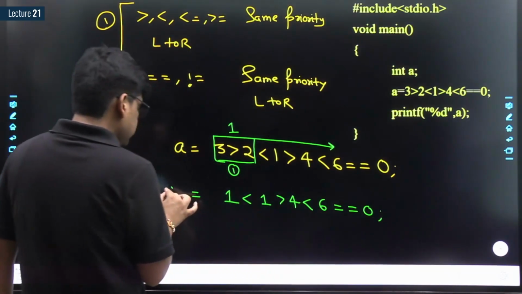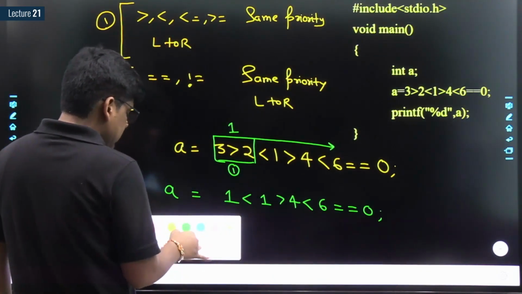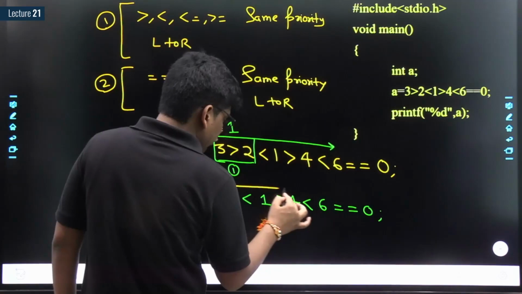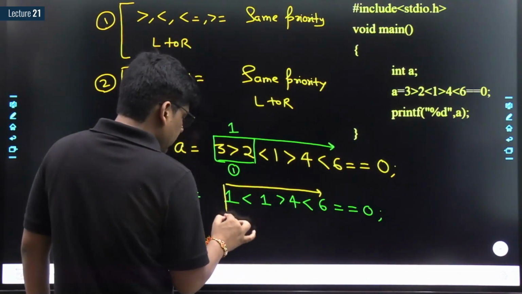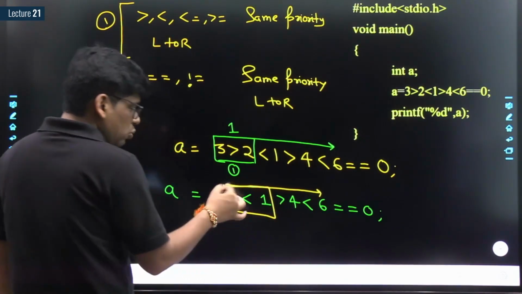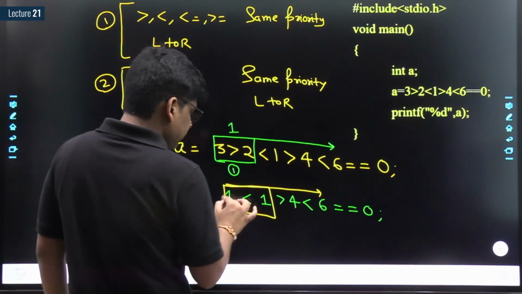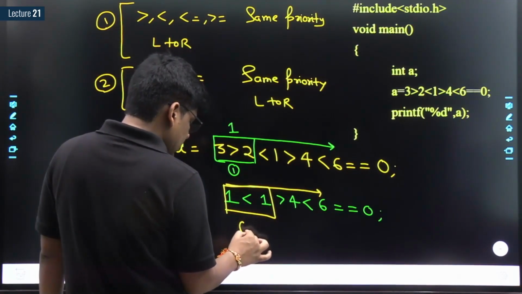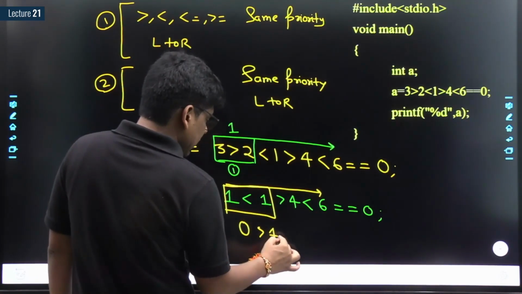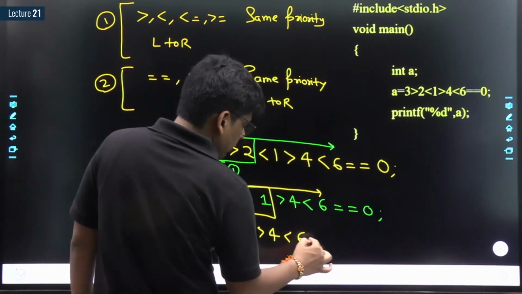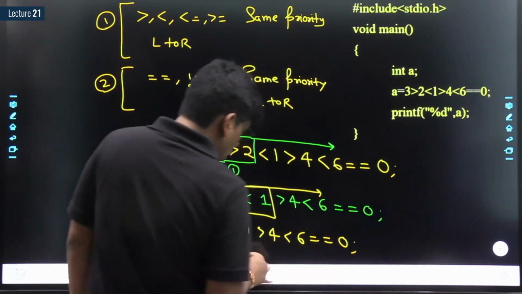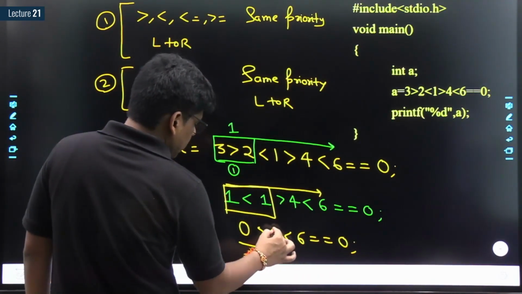Now, which one will be performed first? Again, if I move from left to right, this one will be performed first. Is it true that 1 is less than 1? No, it is false. If it is false, the value of this is 0, and the remaining I am copying as it is. Now this one will be performed first.